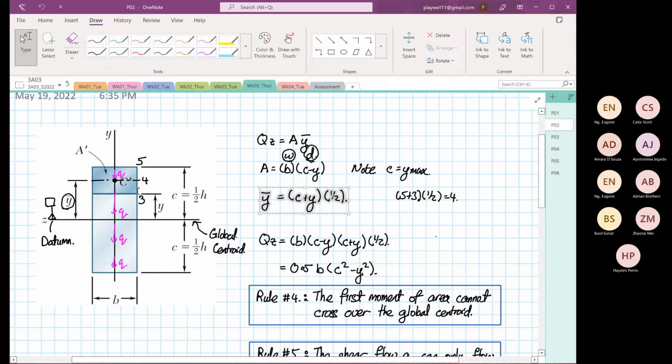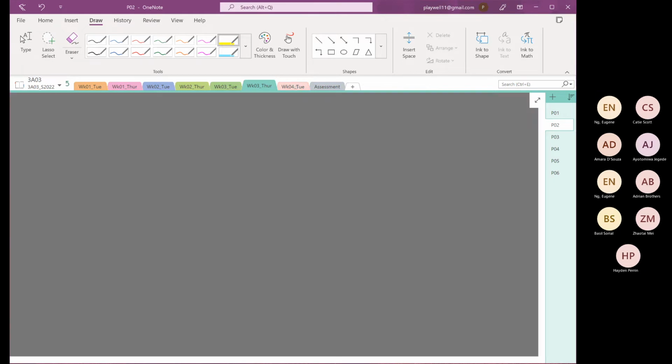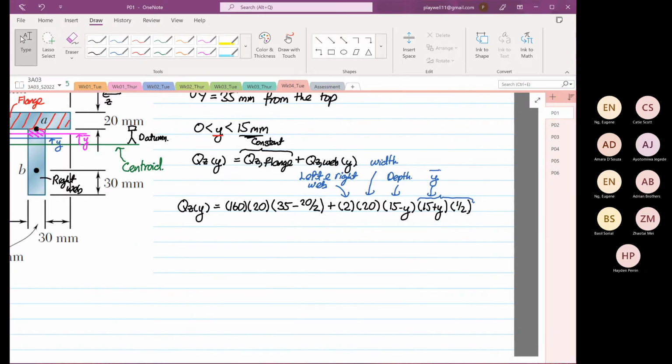Okay, so this over here is your y bar. So that's why the depth is c minus y. The y bar is c plus y multiplied by half. That's the only reason.